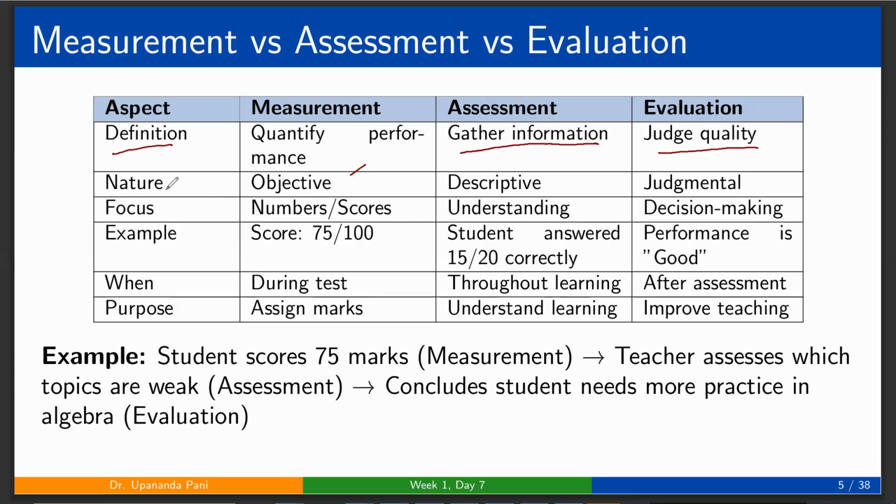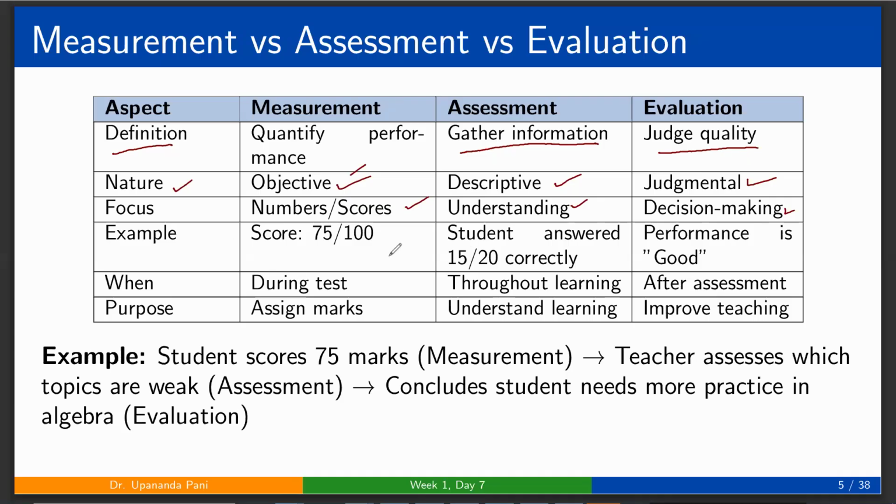Next is nature. Measurement is objective, meaning clear cut, but assessment is descriptive, evaluation is judgmental. And the focus: in measurement, you measure numbers or scores. Assessment is understanding, evaluation is decision making.